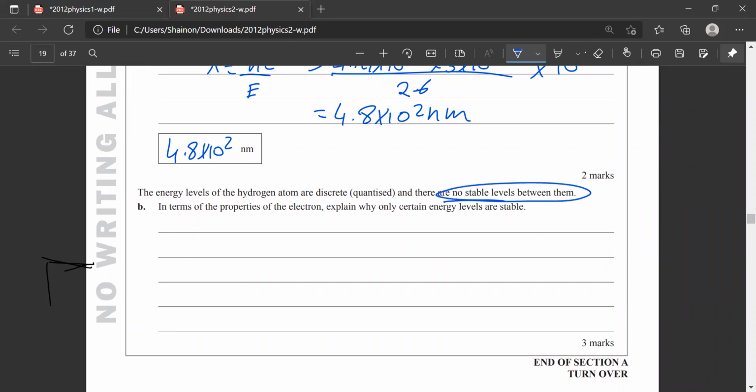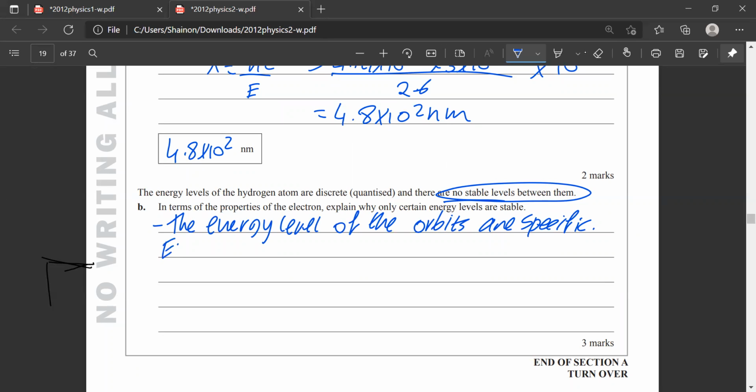Discrete quantity, not stable. So we always have to relate this to standing waves. So the energy levels, the orbits are specific. Electrons orbit in the form of standing waves.